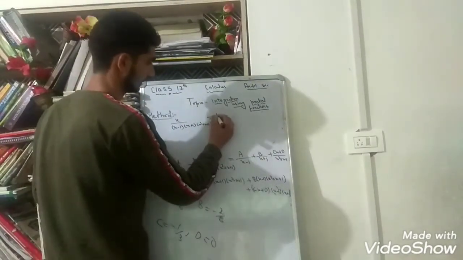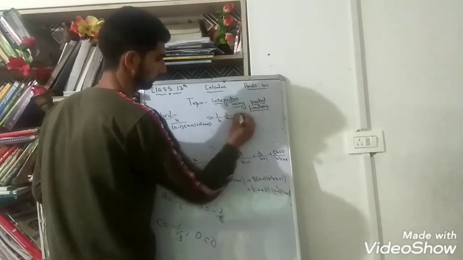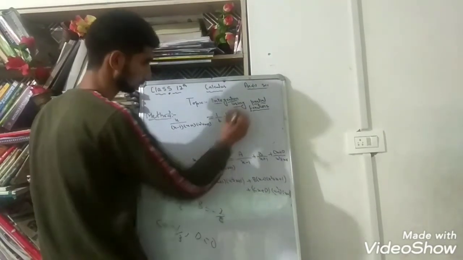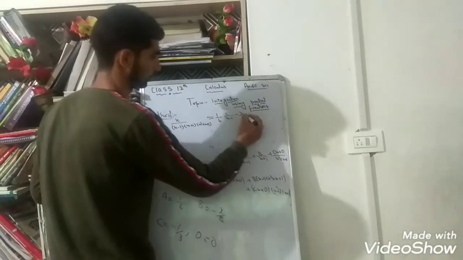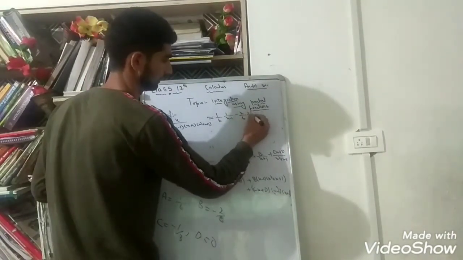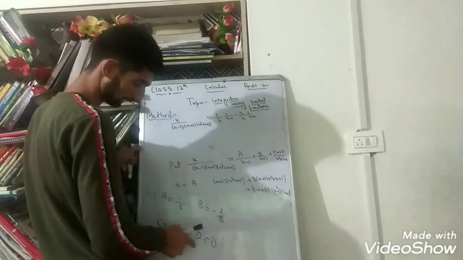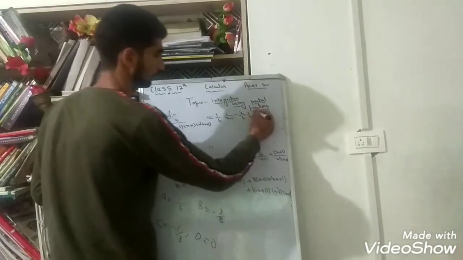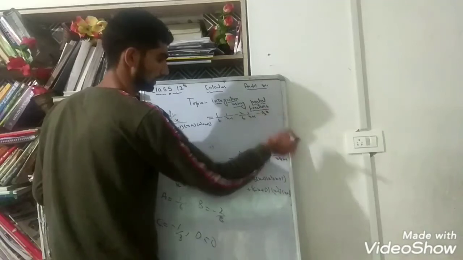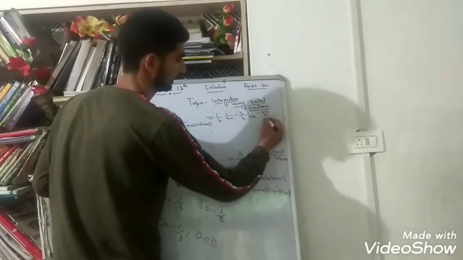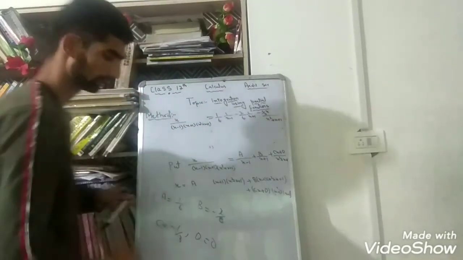That is 1 divided by 6, and then you will get 1 divided by x minus 1, minus B, that is 2 divided by 6, and here it is now 1 divided by x plus 1, plus (Cx plus D), that you will get C, that is -1 divided by 3, and D is 0, divided by x square plus x plus 1. This is my resolution, beta.